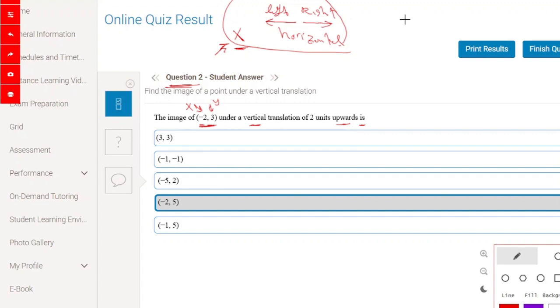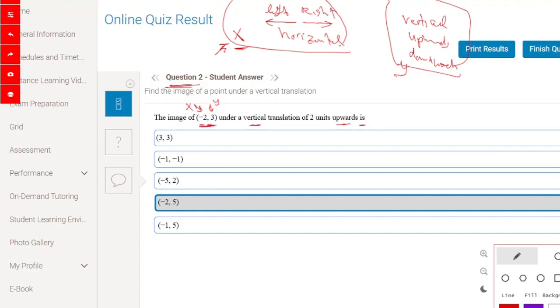If it says vertical or upwards or downwards, that means we are talking about y.